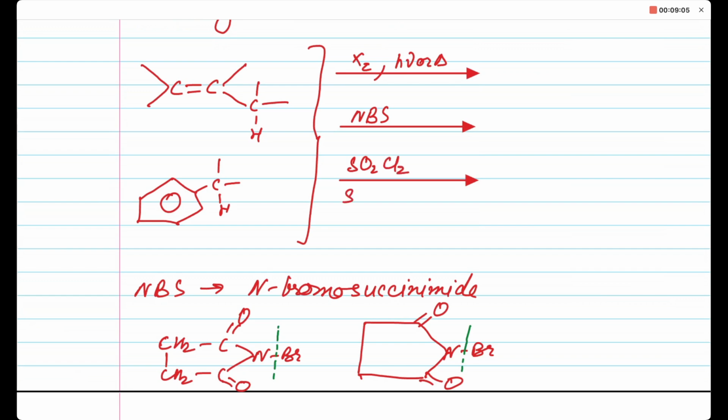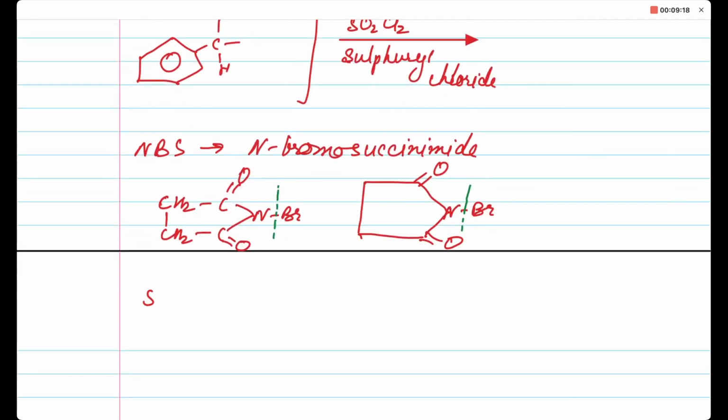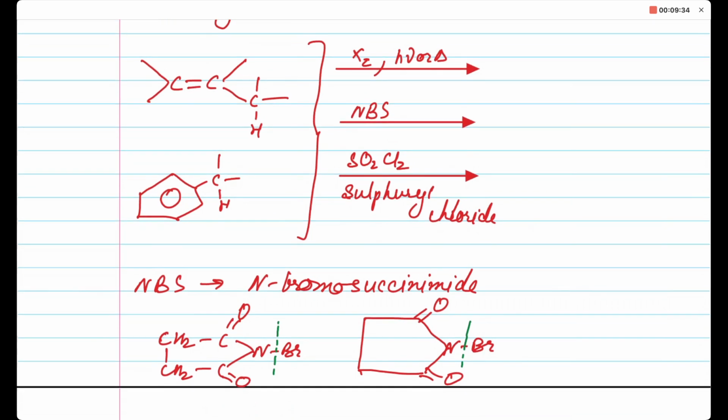Now this is called sulfuryl chloride. You need to be very clear about one simple fact that there is a compound called SOCl2 also. Now this SOCl2 is called thionyl chloride, and thionyl chloride and sulfuryl chloride behave in a very different manner.